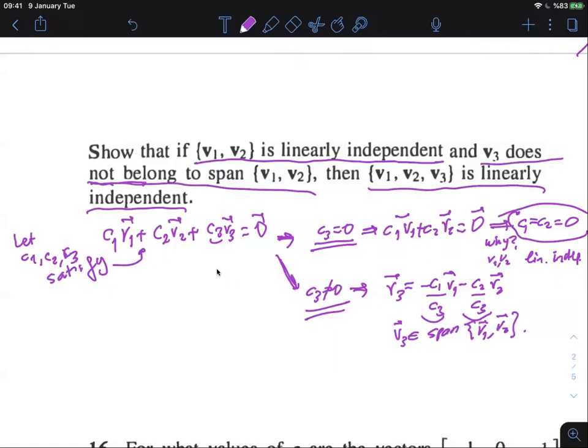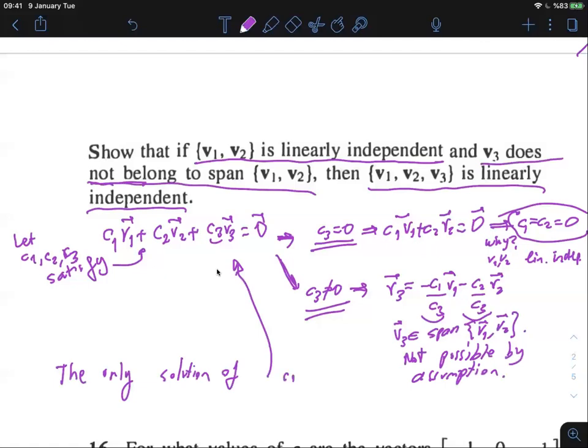So this is not possible by assumption. Then that means there's only one solution: C3 is 0 and C1 and C2 are 0. So the only solution is the trivial solution. The only solution of this equation is C1 equals C2 equals C3 equals 0. That means the vectors are linearly independent.